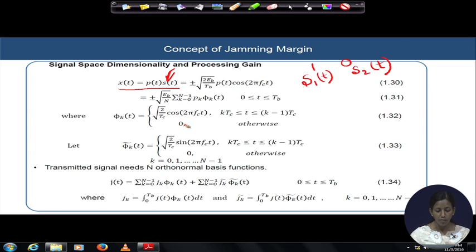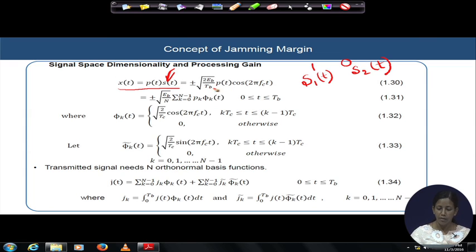If I now define the orthonormal basis functions associated with this BPSK transmission as phi_k(t) equal to square root of 2 by T_c cos 2 pi f_c t and phi tilde_k(t) equal to square root of 2 by T_c sin 2 pi f_c t over the duration (k-1)T_c to kT_c, meaning one chip duration, and 0 otherwise. You remember this cos and sin are perfectly orthogonal to each other, and hence they constitute the orthonormal basis functions for representing the BPSK modulated signal here.